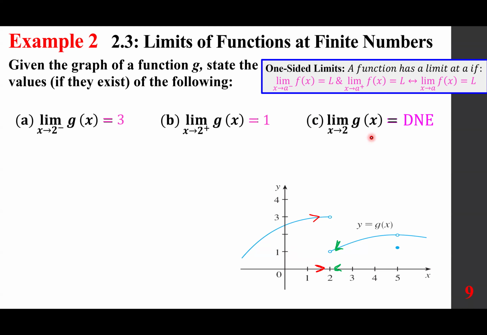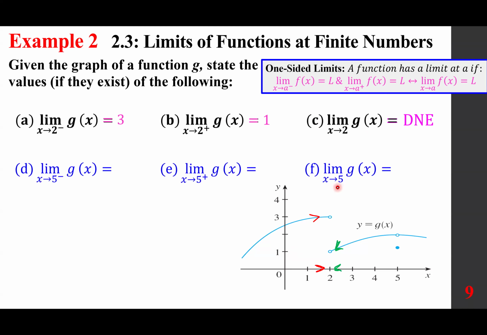We are going to look at the same thing for number 5, the limit of g of x as x approaches 5. And again, because we are interested in the limit, we are going to look at the one-sided limits, the limit of g of x as x approaches 5 from the left, meaning going this way, and if we approach 5 from the right, meaning going this way.